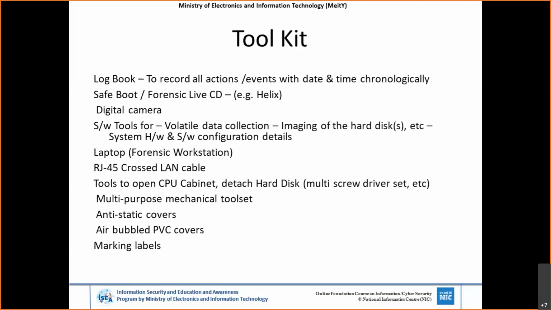A logbook is required, for noting how you gather items from the victim or any person. You should have a logbook for noting out all these items. The LAN cable is also required. And here are the anti-static covers. Earlier I told about a phone.